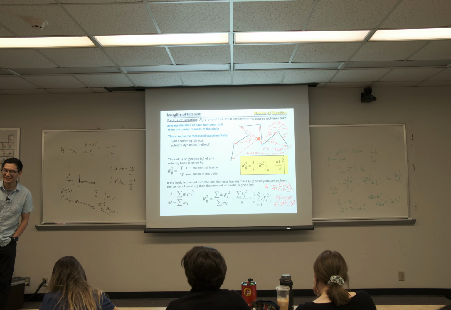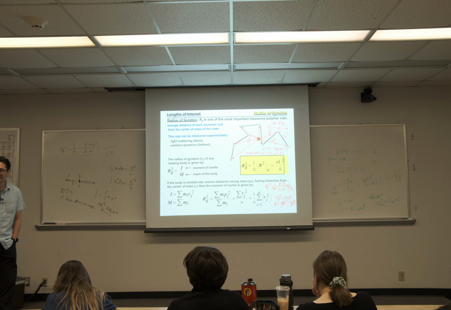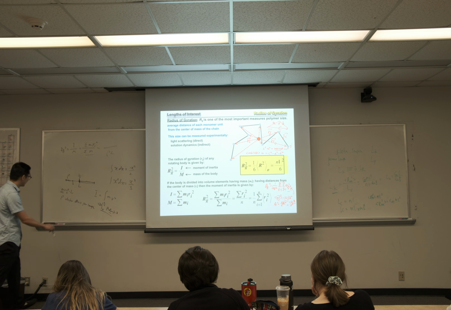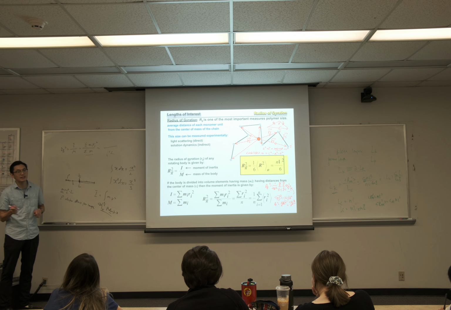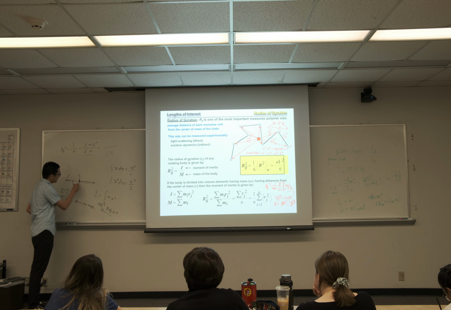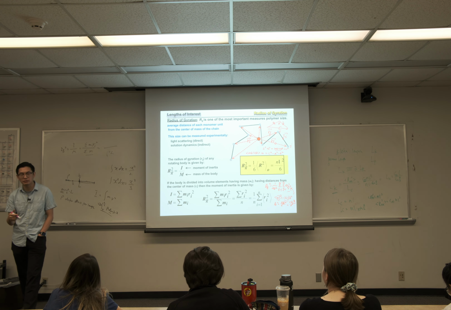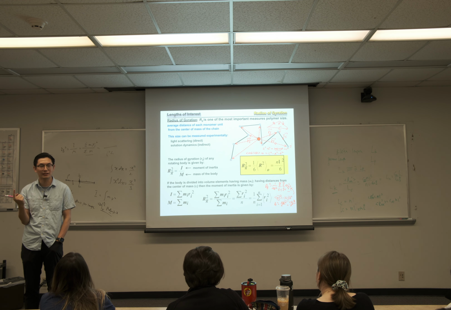Sarah, yes? I feel like I'm having a slow moment, but I can't remember what you said the significance of the middle of the rod was. I think it had something to do with mass. Yeah, let me explain why. When we calculate the radius of gyration, the first step is to find where the mass center is.